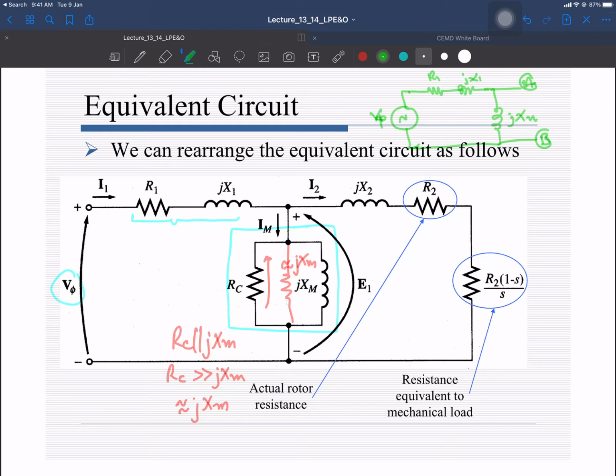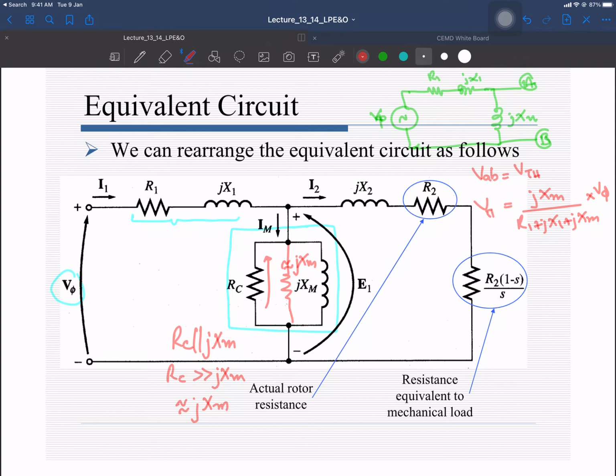And over here we are going to apply the phase voltage to our machine. So now we can easily look at the voltage VAB. That will be the Thevenin voltage, and that can be calculated simply by the voltage division rule: jXM divided by R1 plus jX1 plus jXM, multiplied by the phase voltage that you are going to apply.